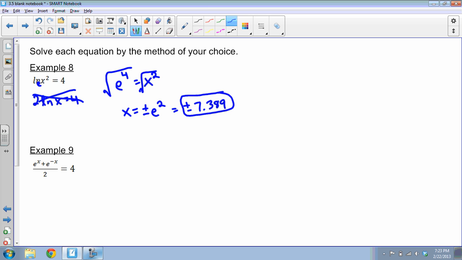Example 9. Now, when we set up to graph, I think it really helps out a lot if you go ahead and kind of simplify where you can. Like, I can multiply both sides by 2 here and get e to the x plus e to the negative x equals 8. And then I'm going to go ahead and move the 8 over to the left side, and then I'm looking for the X intercepts of this graph.